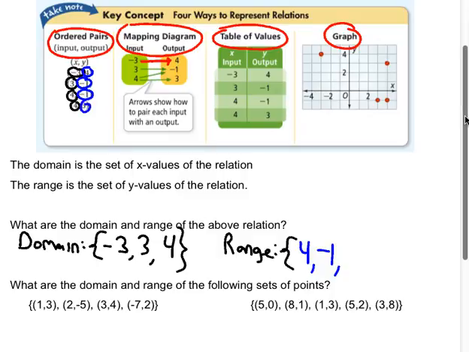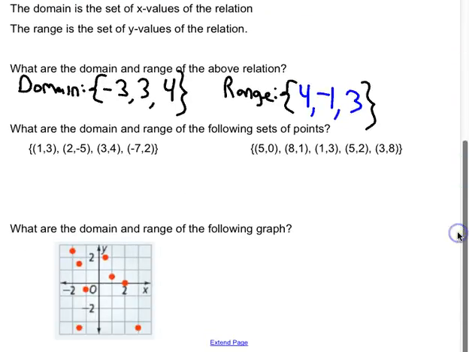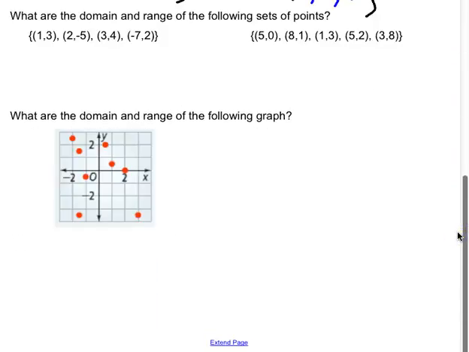And then a y value of 3. Okay, so when you have distinct points like that, that's really all you have to do, okay? Domain, list the specific x values. Range, list the specific y values. So we're just going to make sure we have a little bit more practice doing that.